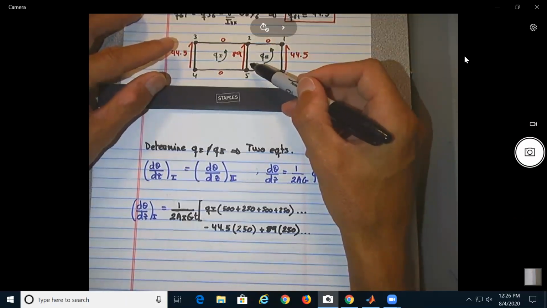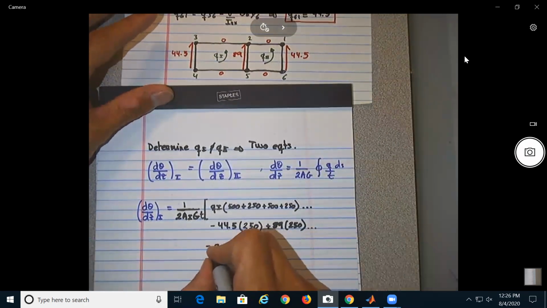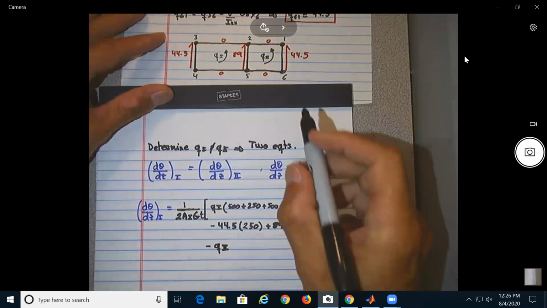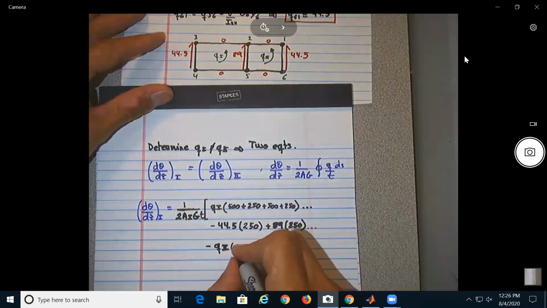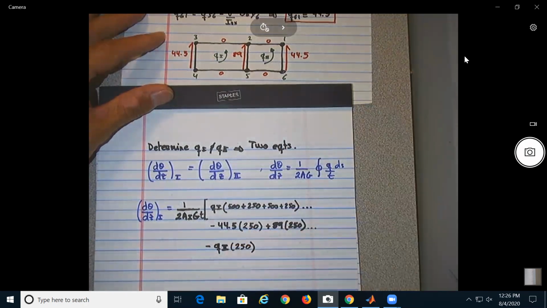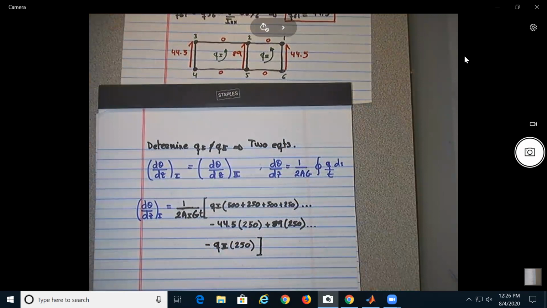So that will be negative. So it will be minus Q2 times 250. All right? And I can close over here.